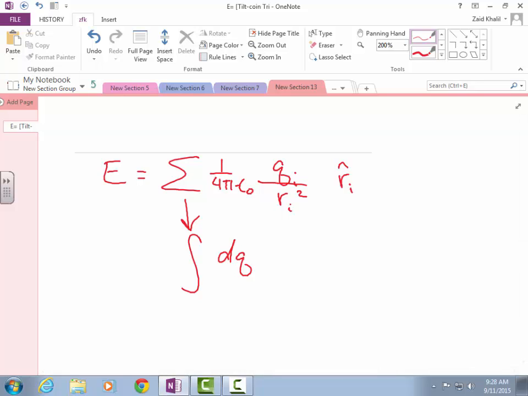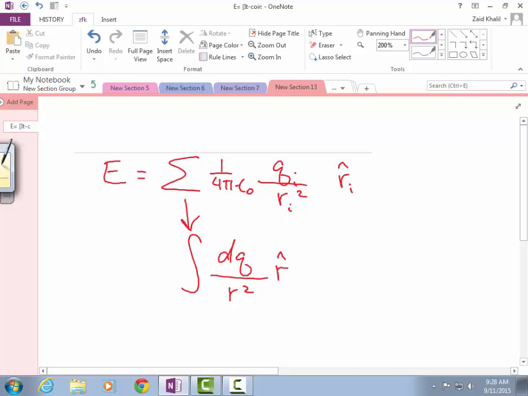They're each r squared away. This is for the electric field generally. And all of them are in what direction? In the r hat direction. So this is the electric field due to a continuous charge distribution. Notice it's a vector quantity.